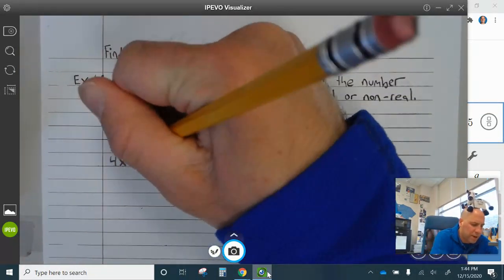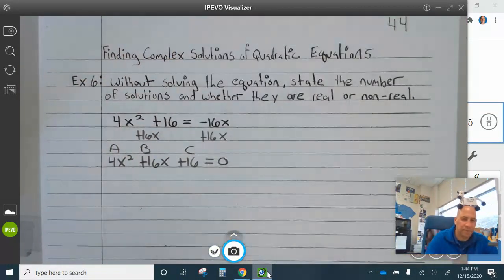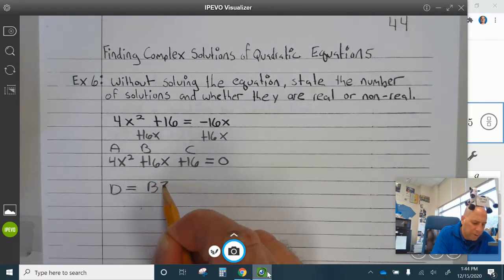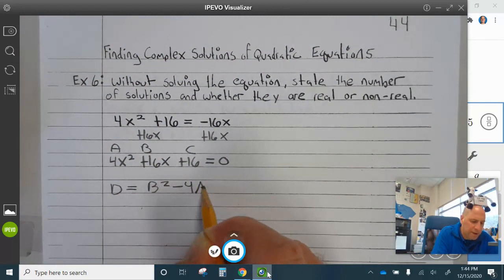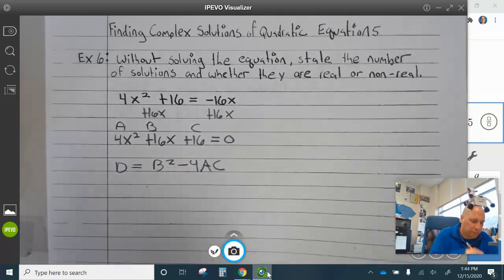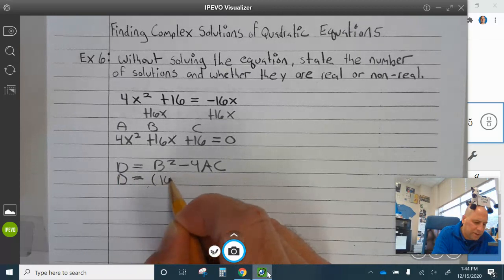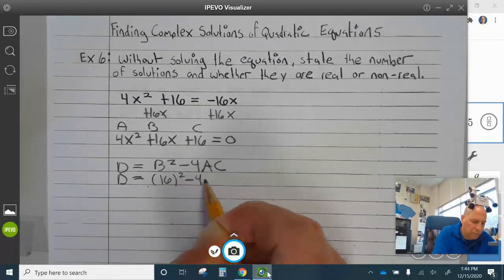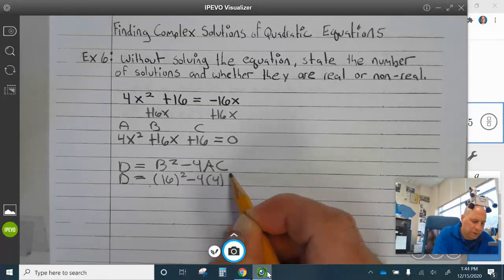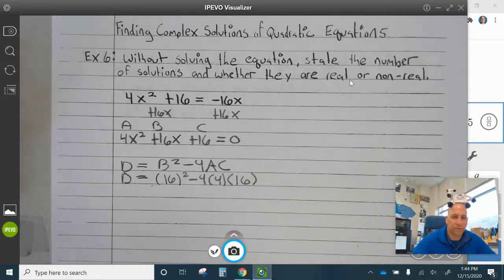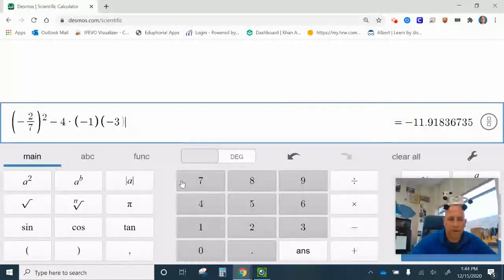Now we have our a, b, and c, and we know the discriminant is equal to b squared minus 4 times a times c. Well, the discriminant equals 16 squared minus 4 times 4 times 16. So let's go ahead and put that in here.